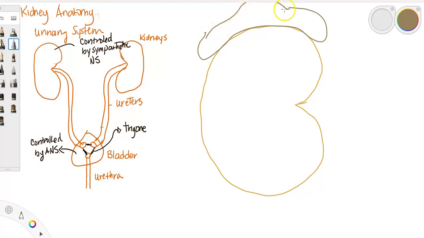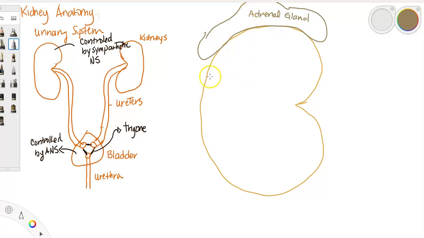And up here is the adrenal gland. We don't really look at this, the adrenal gland here, because this is not really part of the urinary system. It's part of the endocrine system, which we've already looked at. But there it is right on top there. It can also be called the suprarenal gland, by the way.